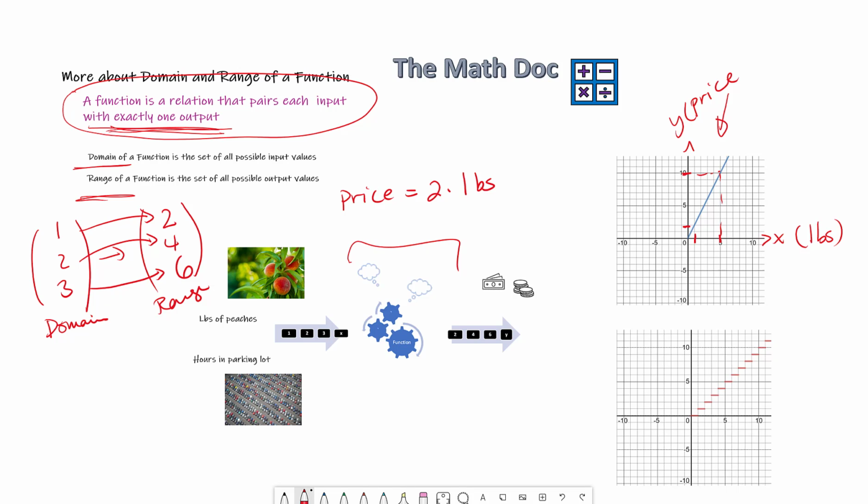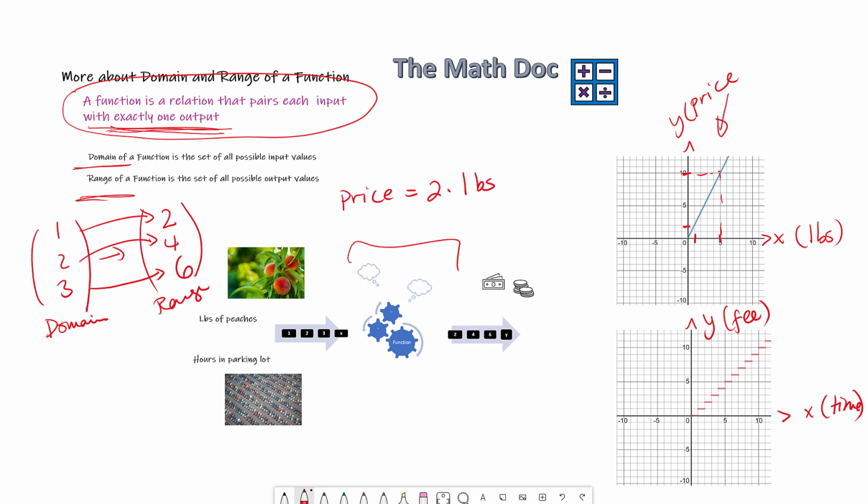We also looked at a slightly more complicated example, and that was the pricing of parking in a parking lot, where in this case, the first hour is free. Here, x is the time that we spend in the parking lot, and y again is our fee, how much we pay.